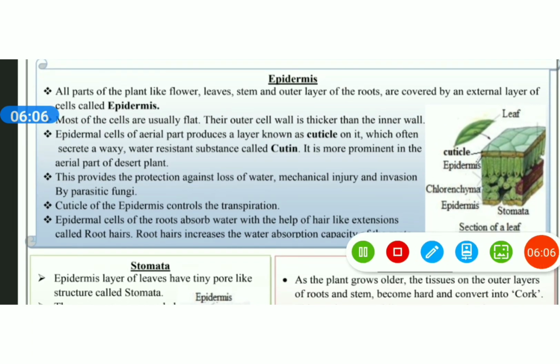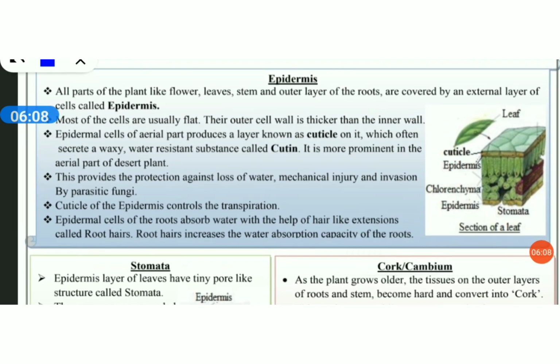So the first function of epidermis is that it generally forms the outer covering of all the aerial parts of the plant and has a layer known as cuticle, which secretes a waxy water resistant substance, and it provides protection against the loss of water, mechanical injury and invasion by parasitic fungi.